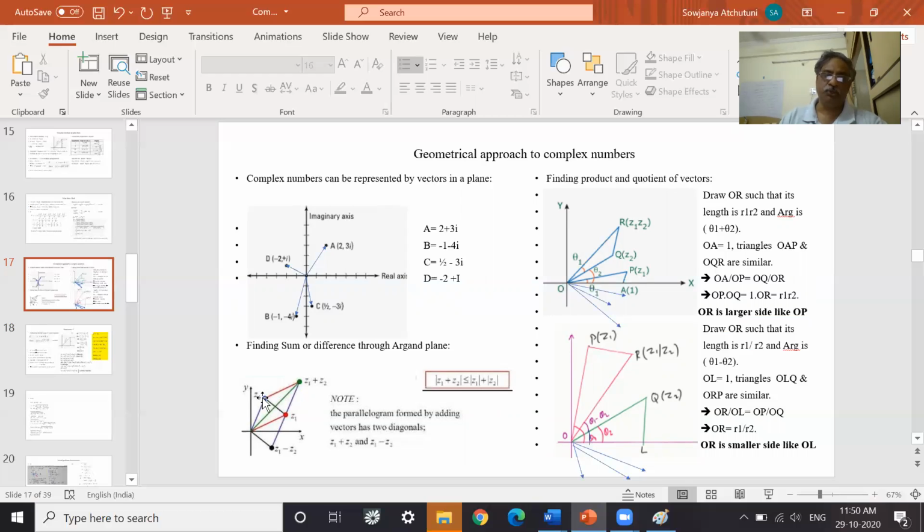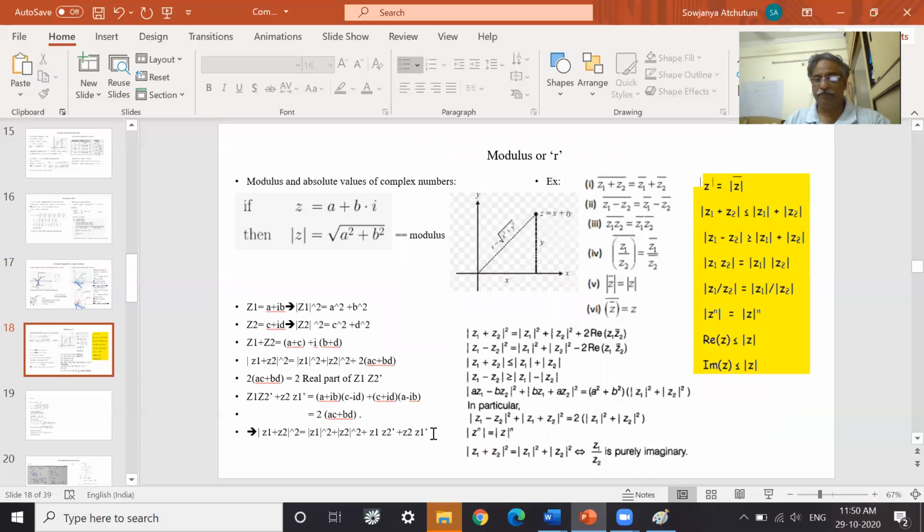If it is not 0, then mod of Z1 plus Z2 squared is nothing but Z1 square plus Z2 square plus 2 Z1 Z2. It is more than that. But if they are 90 degree, then we have A square plus B square is C square. So when they are equal, what does that mean? They are 90 degree.